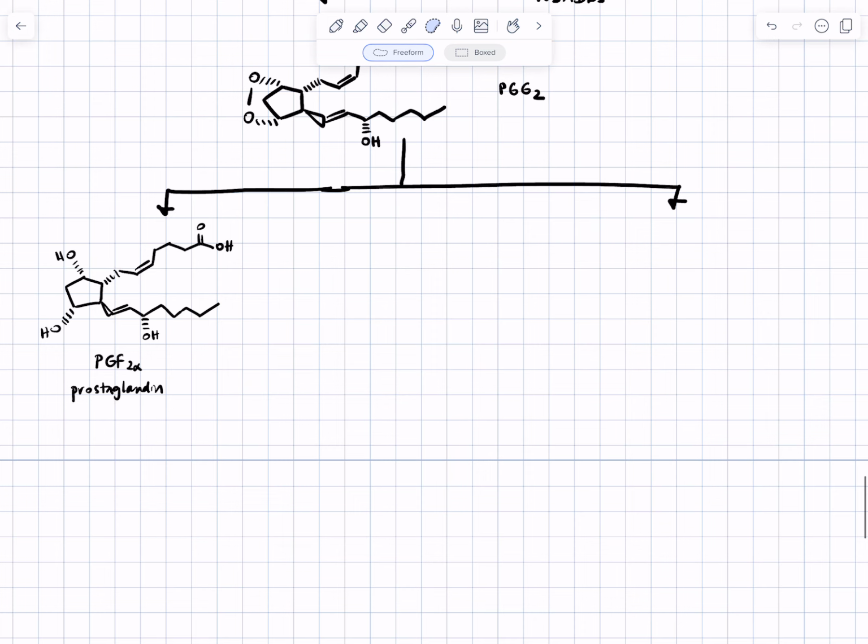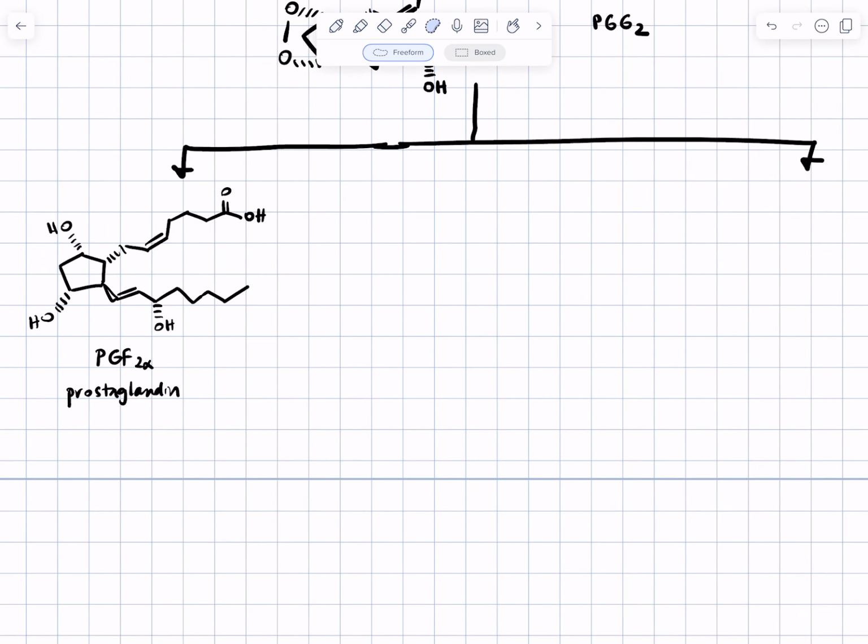A related class of molecules, which is really weird, you're going to love this because it has your favorite, a 6-membered ring on it, are called thromboxanes. You've still got sort of the same number of carbons but arranged differently, and with a weird 4-membered ring containing an oxygen.